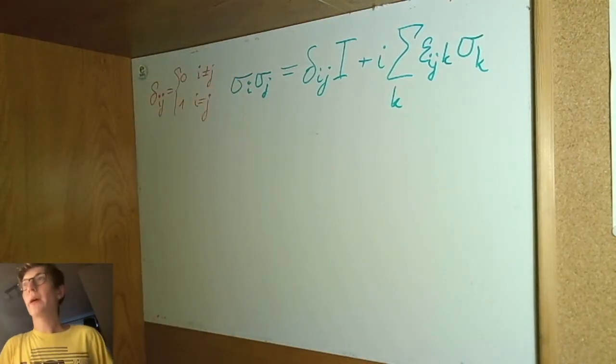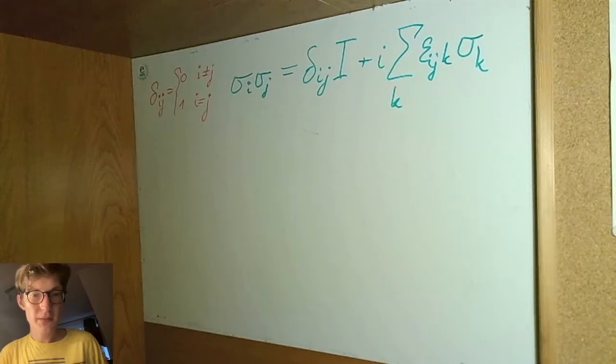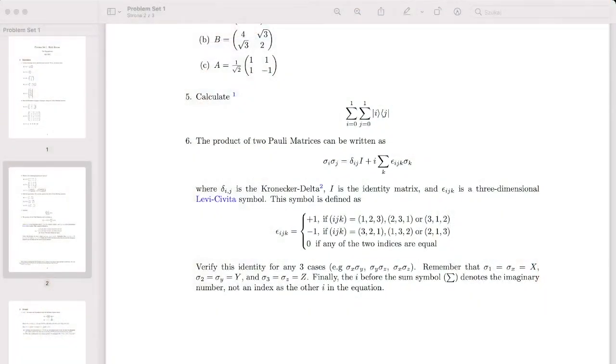And because in this problem we have to check three cases in which all these indices are different, in each case this delta will be equal to 0, because we have to check cases in which these indices are x, y, y, z, and x, z.